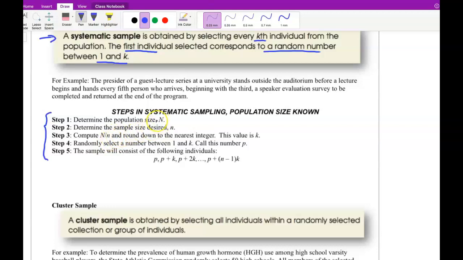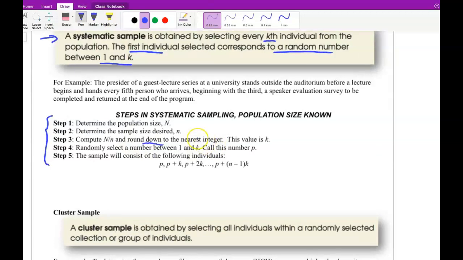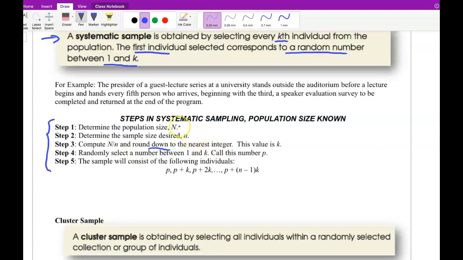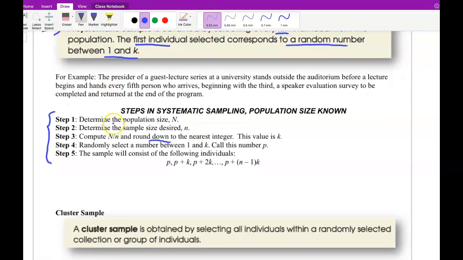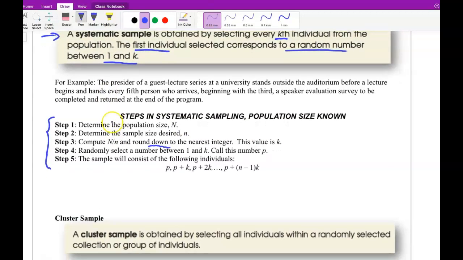So we divide the population size by the sample size, and round down to the nearest integer. This value is k. So k is the population size divided by the sample size.